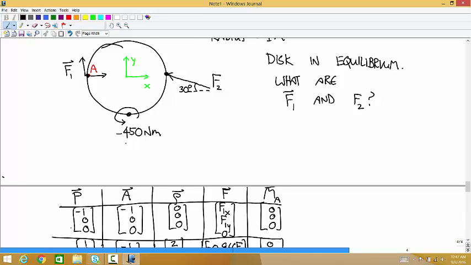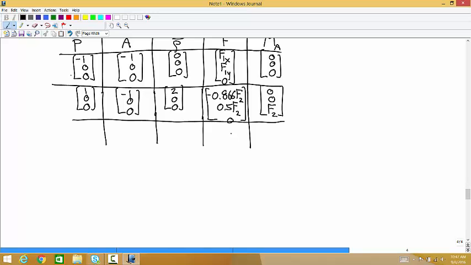So if this is x and this is y, a moment this direction has a vector component in the positive z direction because of the right-hand rule. So when you're in 2D, a positive z component is a counterclockwise rotation. Okay, so I'm going to skip all those and write this as 0, 0, negative 450.